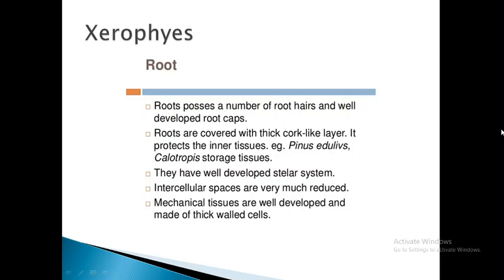Calotropis has storage tissues. In these roots, they have a well-developed stelar system. Intercellular spaces are very much reduced. Mechanical tissues are well developed and made of thick-walled cells in xerophytic roots.